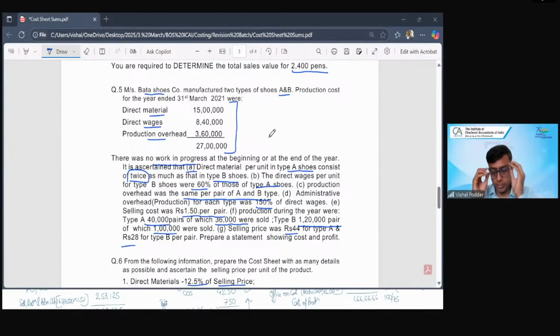Many times when you are reading a sum, what appears on the face of it may be different when you start solving.